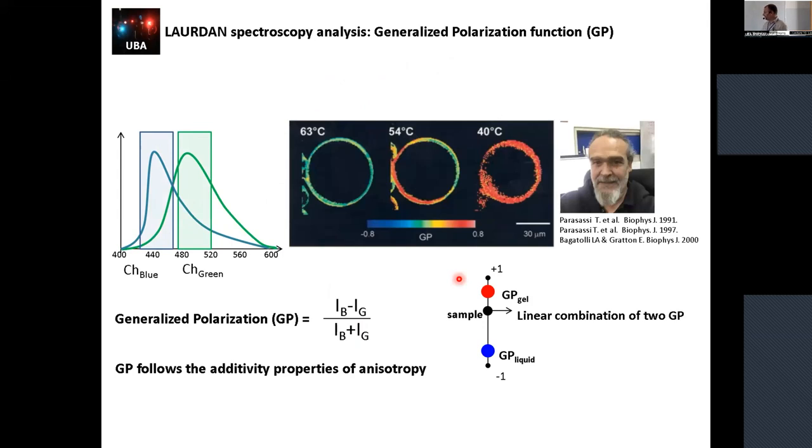Later on in time, Luis Bagatolli, and I will explain in more detail about the history of this later in the afternoon, introduced the idea of using imaging, because we can collect with a bandpass filter a region which is assigned to the more ordered membrane, and another to a more fluid membrane.